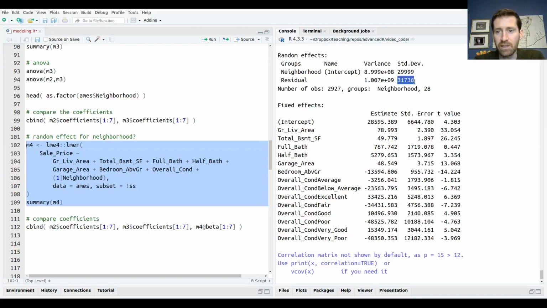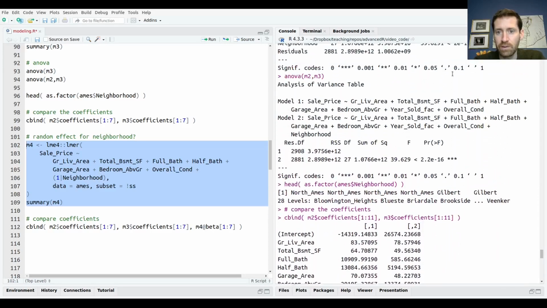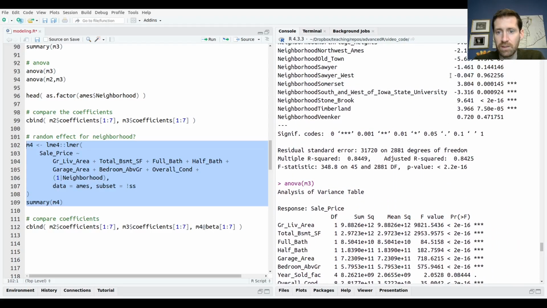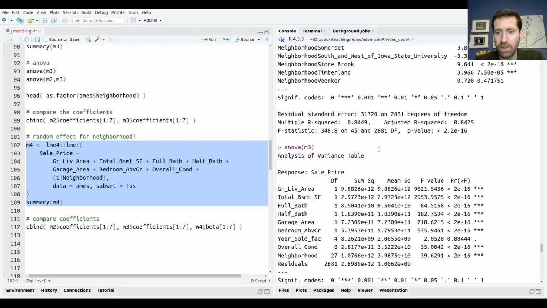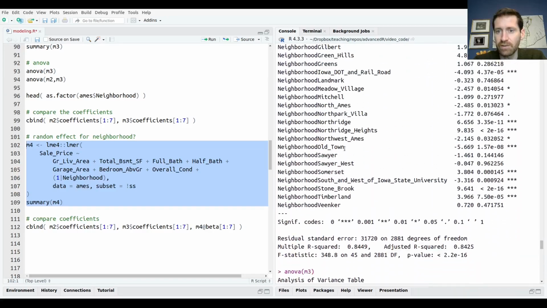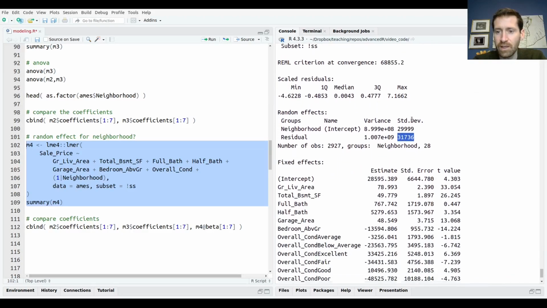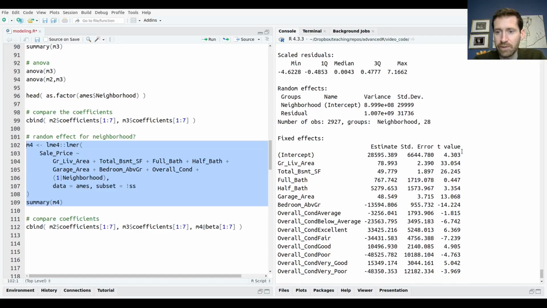Then this tells you the standard deviation of the residuals, which is pretty close to what we got before, 31,720, whereas here we get 31,736. It's slightly higher. I think the reason is that here we're imposing that the neighborhood effects are normally distributed, whereas the model above has fewer assumptions on the neighborhood effects, so it can fit them exactly. And so you get slightly bigger residuals here.